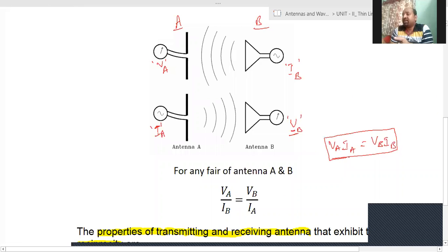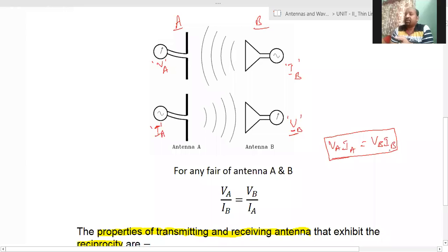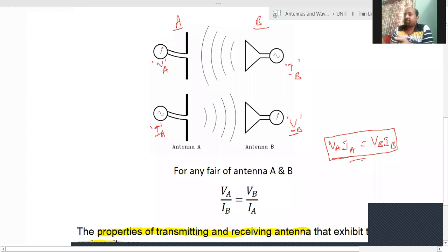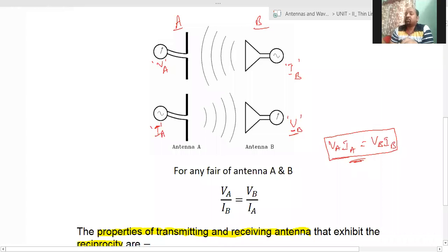This is called the reciprocity theorem. So we can use a transmitting antenna as a receiving antenna, or a receiving antenna as a transmitting antenna, in both ways, duplex.